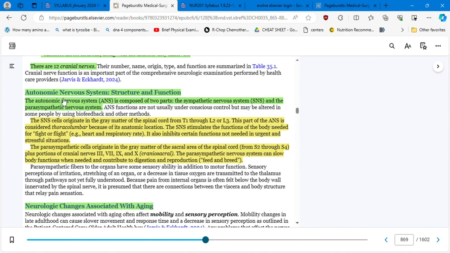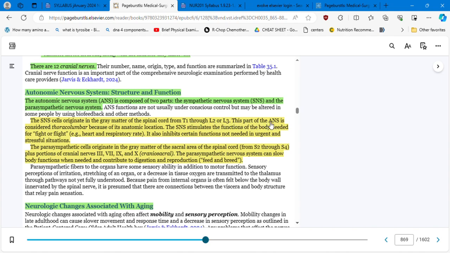So the autonomic nervous system, the structure and functions, is composed of two parts, the sympathetic nervous system and the parasympathetic nervous system. The sympathetic nervous system cells originate in the gray matter of the spinal cord from T1 through lumbar 2 or 3. The sympathetic nervous system does not have any relation with the cervical. Okay, it's from T1 thoracic to lumbar 3.